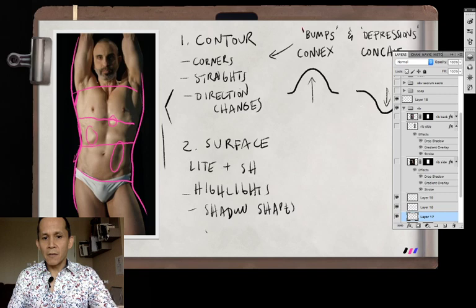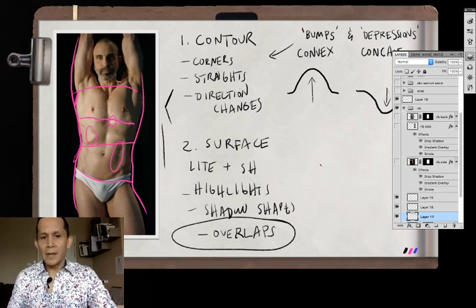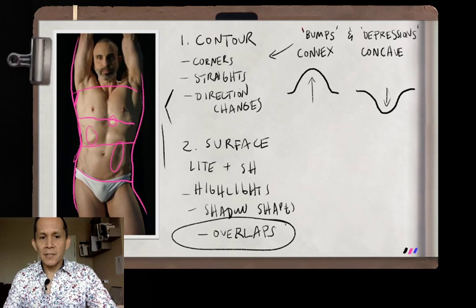Anything that overlaps is generally anatomy, because overlaps tend to happen where two forms of anatomy meet, and they tend to happen at intersections, joints, or overlaps and intersections.